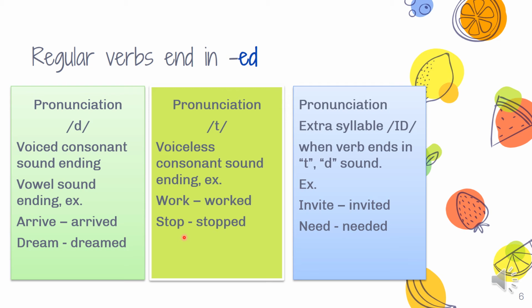Work, stop. Then at the moment of ed, it sounds like a T sound. Worked, stopped. Okay. Now, the pronunciation with the extra syllable, when verbs end in T or D sound like this one. Well, this is the pronunciation, more evident. Invite, invited. Need, needed. The ones that we have just mentioned.